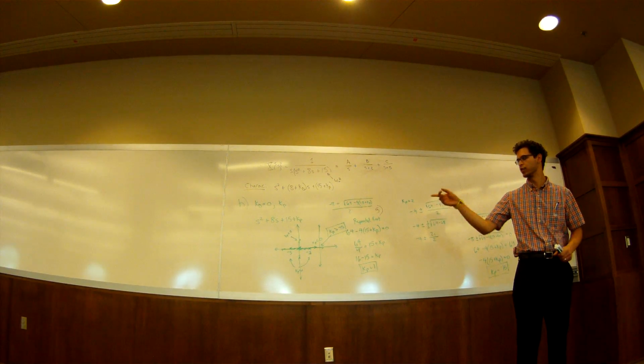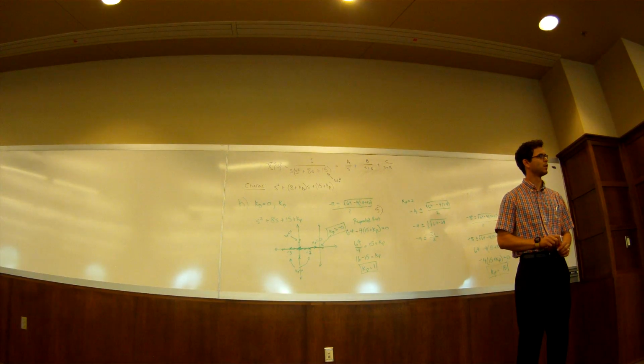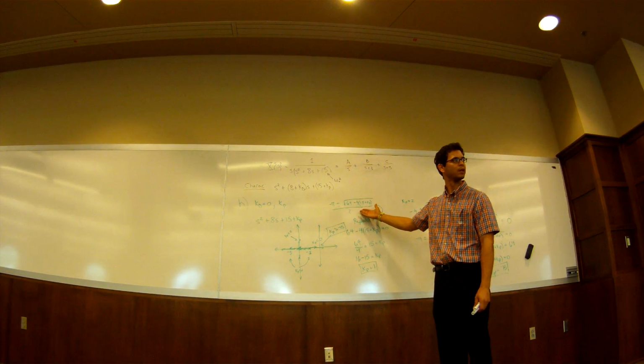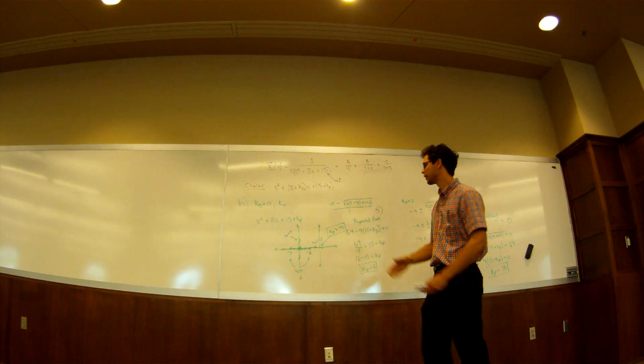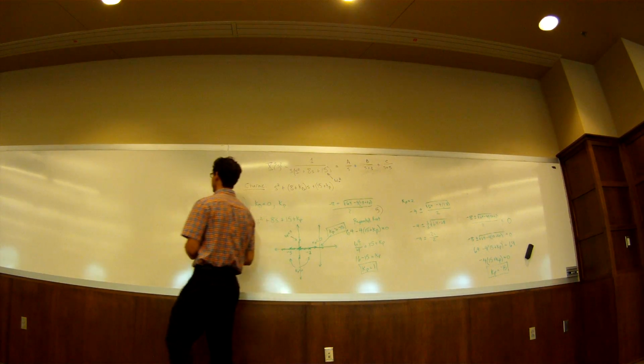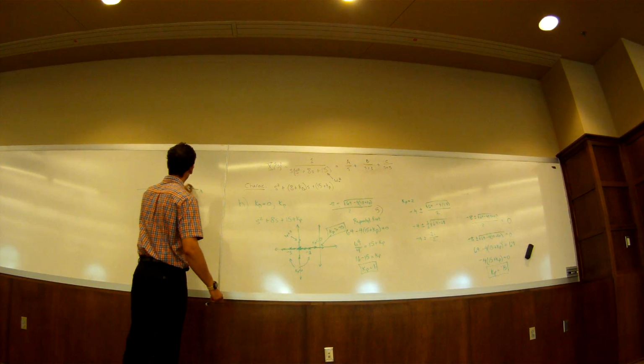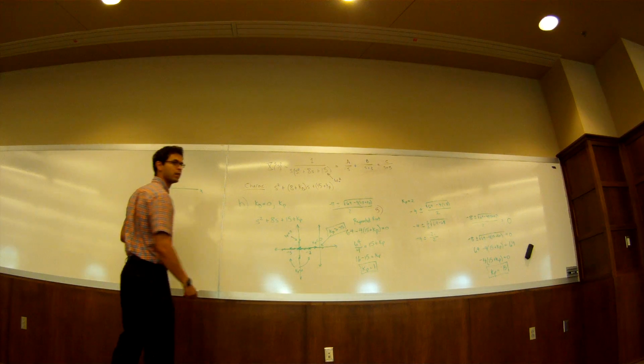Now, you want to draw the root locus? How do you draw it? This is an equation, right? Let's go back to calculus or pre-calculus. You have x and you have y, right?